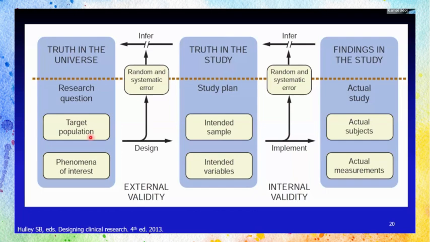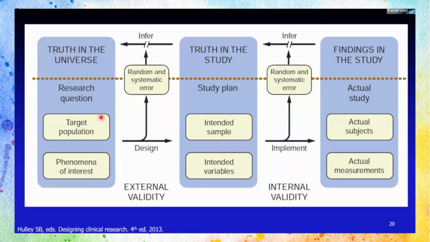So you'll see that in the process of research, we start from the population. Then when we actually conduct the research, we get the sample. We analyze data, we get the result from that sample. Then we infer this result back to the population.